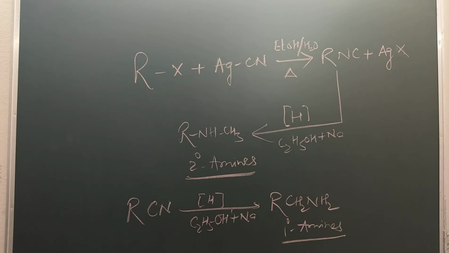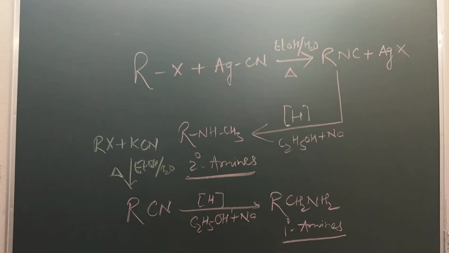Whereas if in place of AgCN you take KCN, then alkyl cyanide is formed, also called nitrile. Reduction of nitrile gives primary amines. So alkyl halide reacts with potassium cyanide in ethanolic solution to give alkyl cyanide. Reduction of alkyl cyanide gives primary amines, whereas reduction of alkyl isocyanide gives secondary amines.